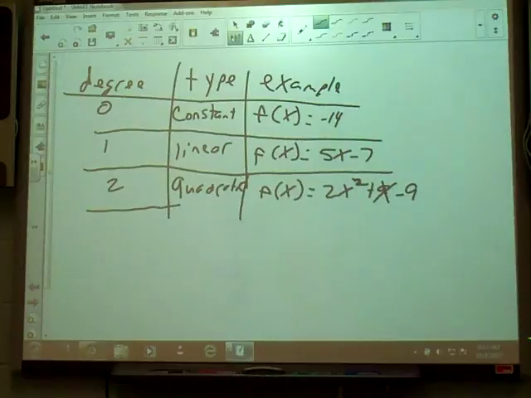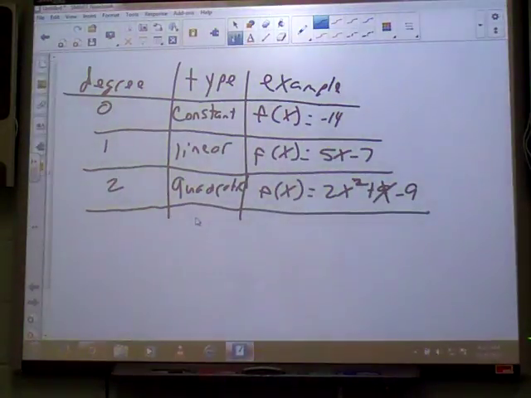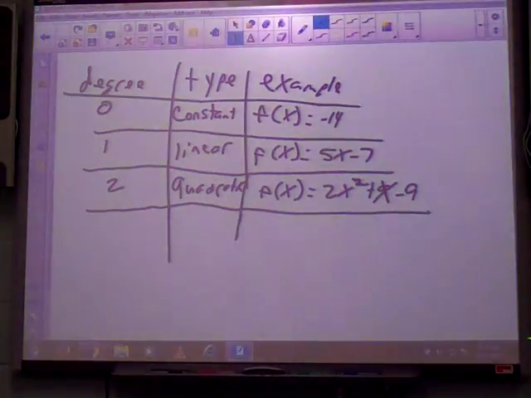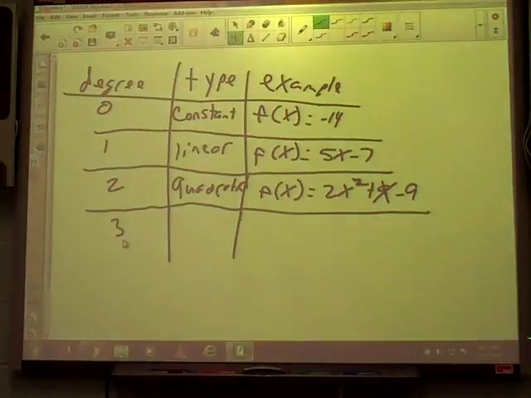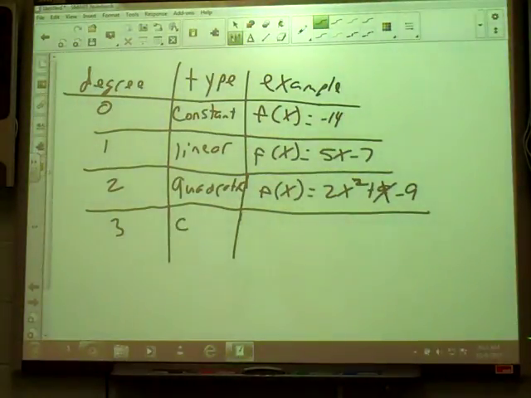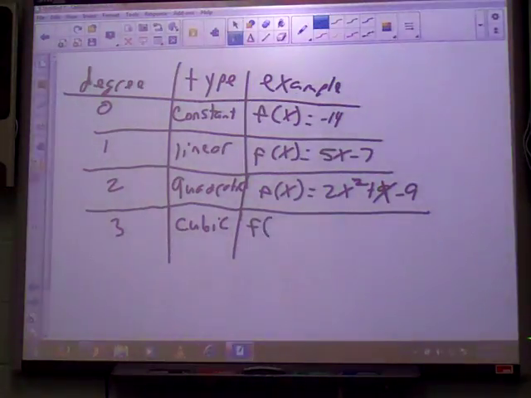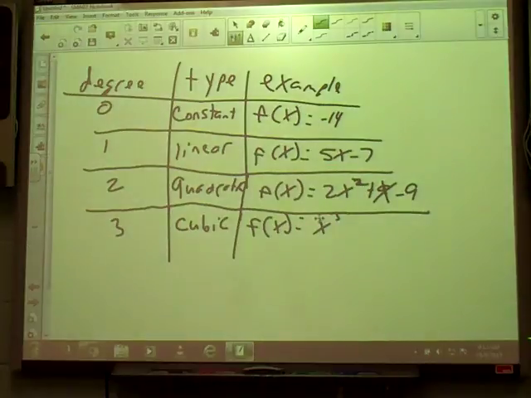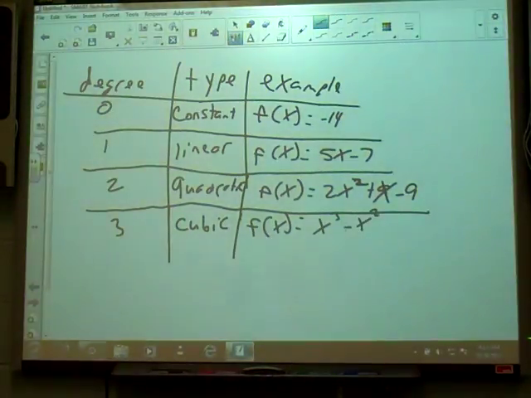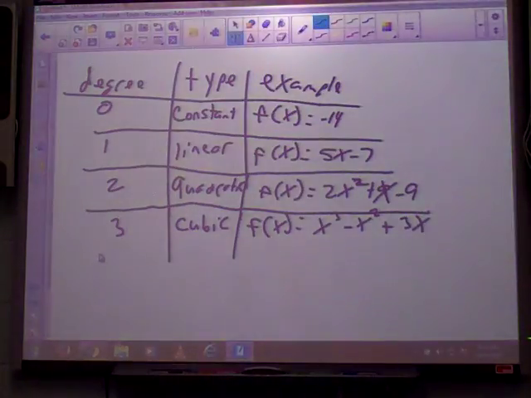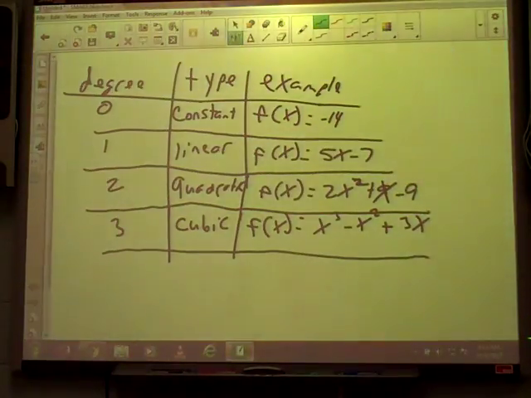Okay, we'll go a couple more. A degree of 3 is called cubic. An example is f of x equals x cubed minus x squared plus 3x. We'll go one more for today.